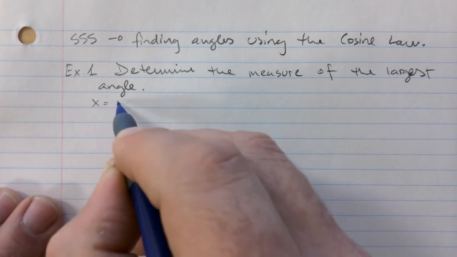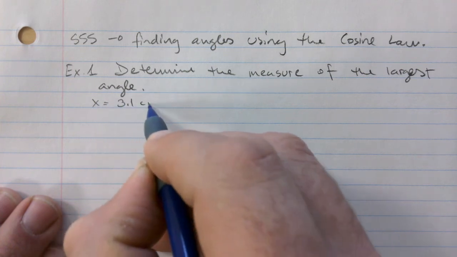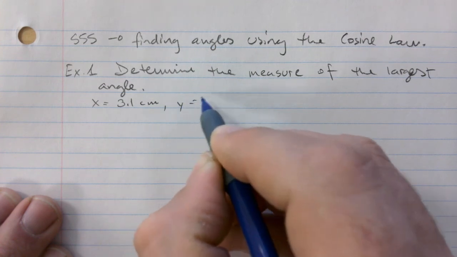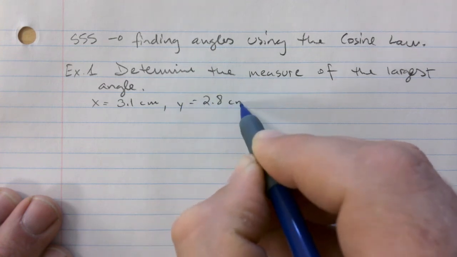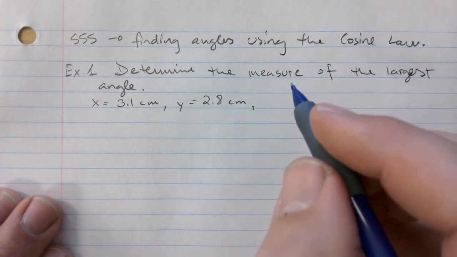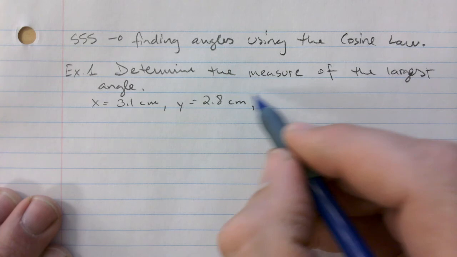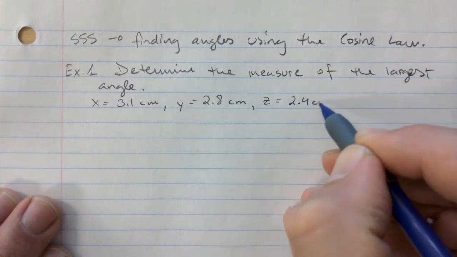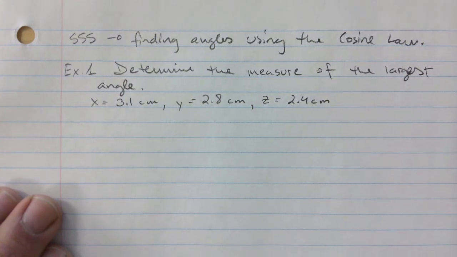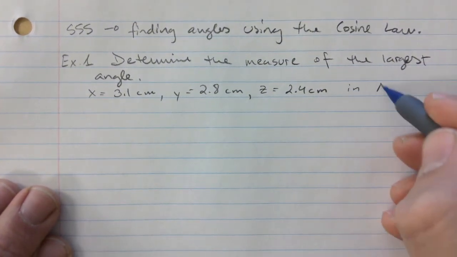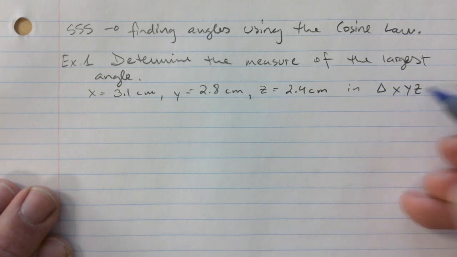X is equal to 3.1 centimeters. Y is equal to 2.8 centimeters. And Z is equal to 2.4 centimeters in triangle XYZ.